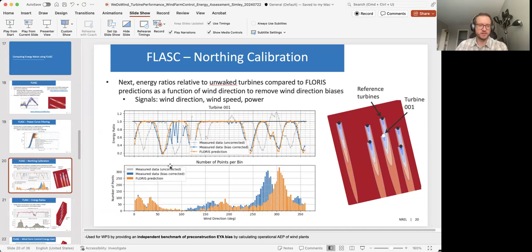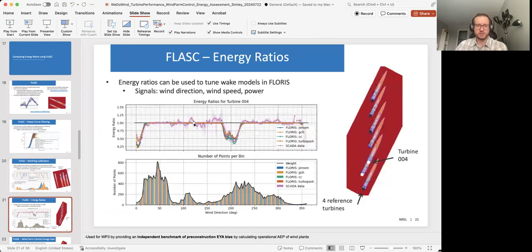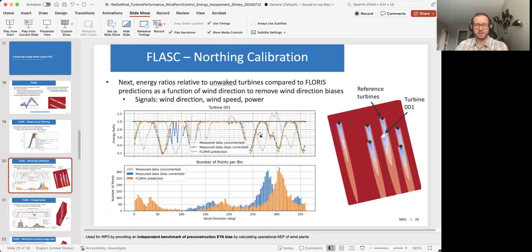If we just want to look at energy ratios from the SCADA data, then we don't need to worry about FLORIS. But if we want to do things like the northern calibration, then we have to use FLORIS. The examples have functions to run FLORIS to generate the power production for each wind direction and wind speed, so it shows you how to do that.